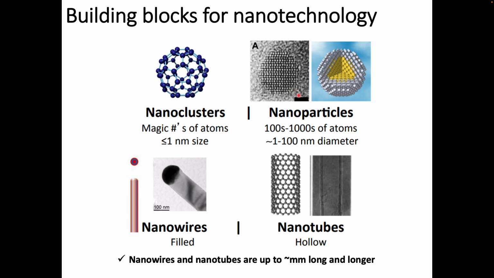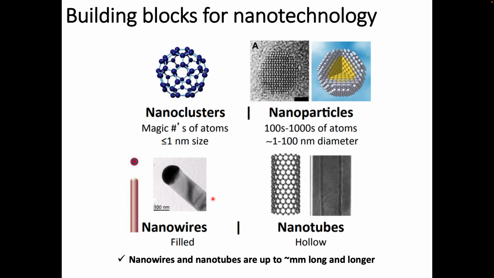Each individual dot represents an individual atom, and these atoms are packed together, forming a nanoparticle. The diameter is between 1 and 100 nanometers. This is just a simple schematic of the nanoparticles, with individual atoms packed together.